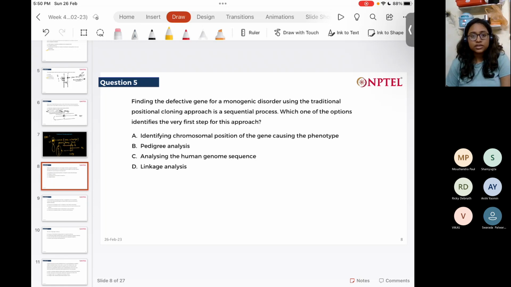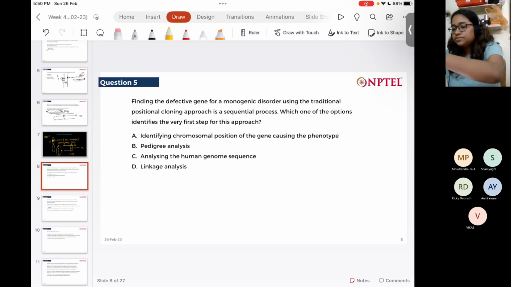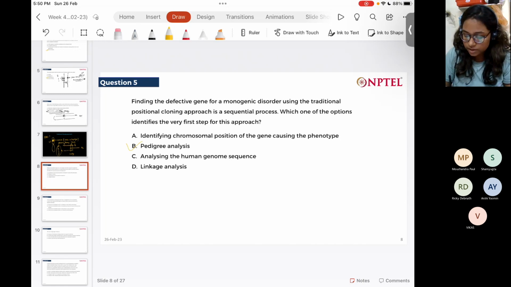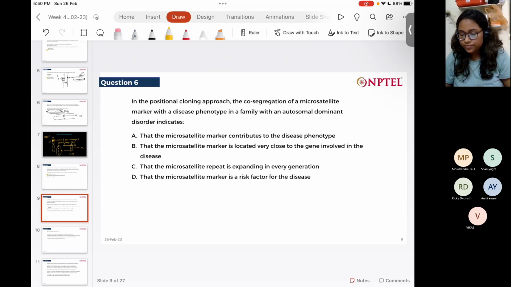I've already discussed it. Can you guys answer? Pedigree analysis. Correct. You are correct. The correct answer is pedigree analysis. First, we have to make a pedigree and analyze it. That is the very first step.